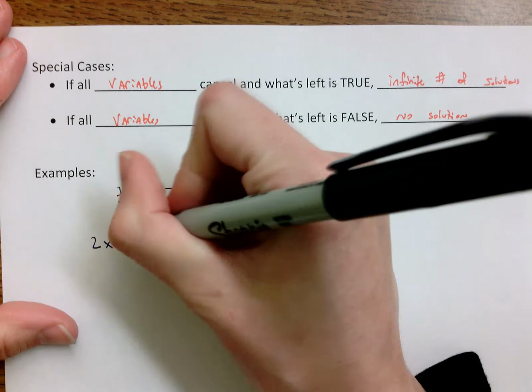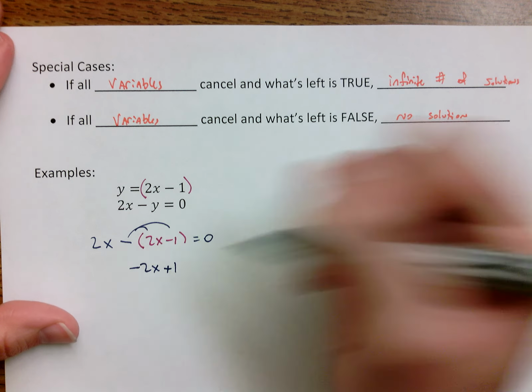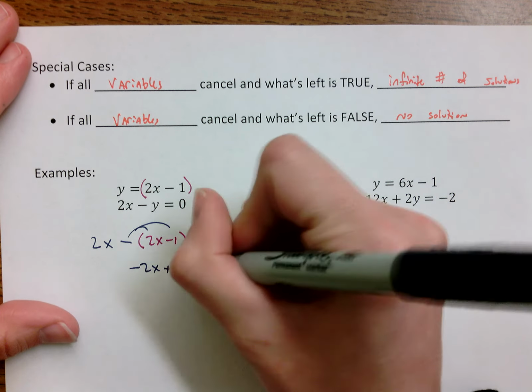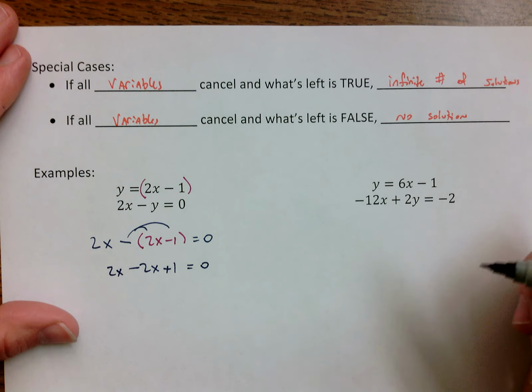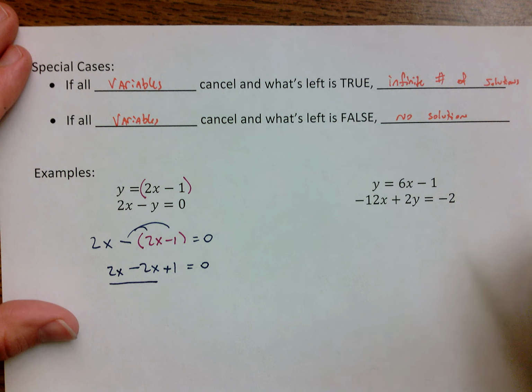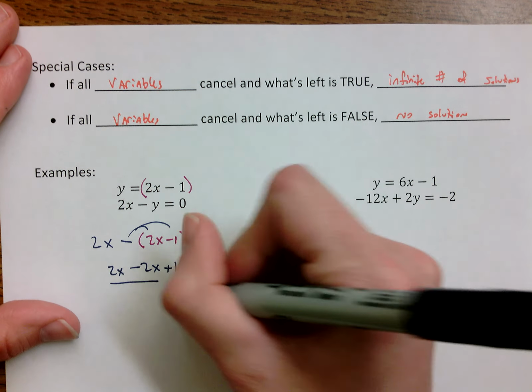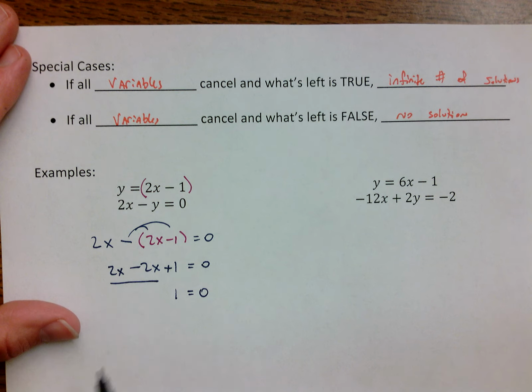Okay, so to solve this distributive property, that's going to be a minus 2x and then a plus 1. Distributing a negative just changes the signs of everything. And then here, these are my two like terms, but when I combine those, 2x minus 2x, that's just 0. That just goes away. So I'm left with just 1 equals 0, because these guys cancel each other out.